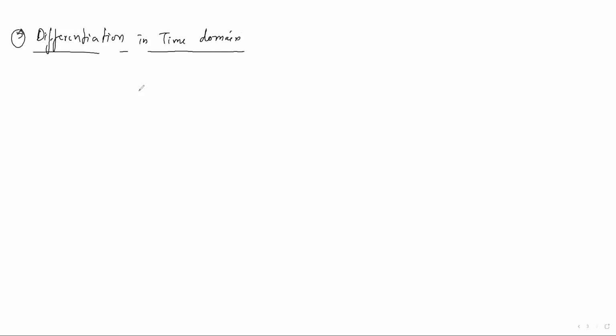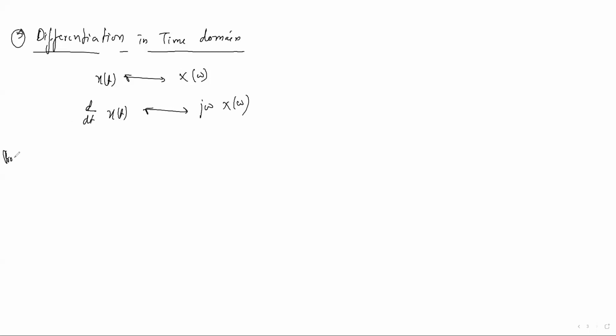What this property says: if x(t) has the Fourier transform X(omega), then the Fourier transform of d/dt x(t) will be j omega X(omega). This is the Fourier transform of d/dt.